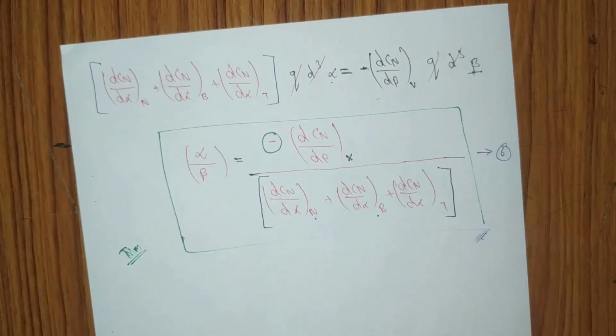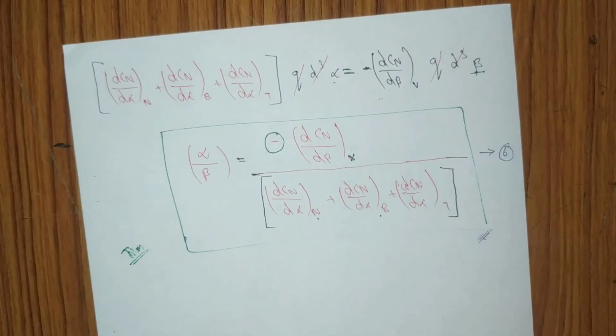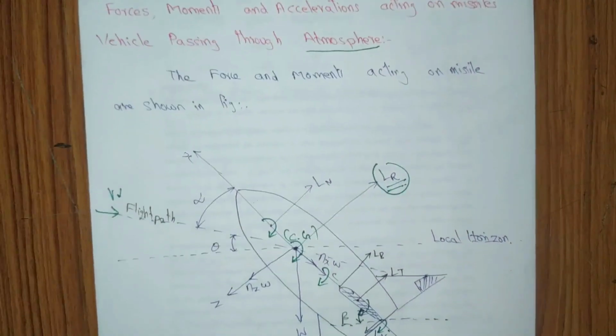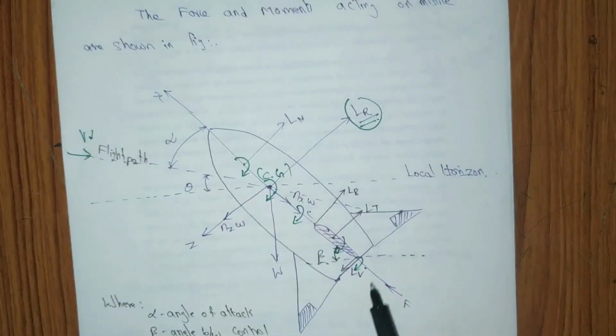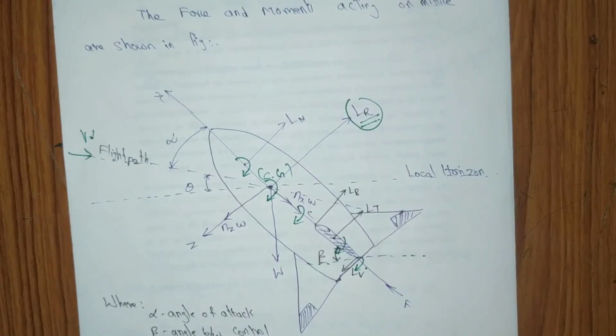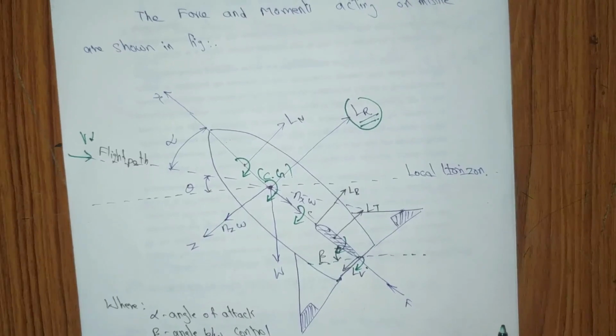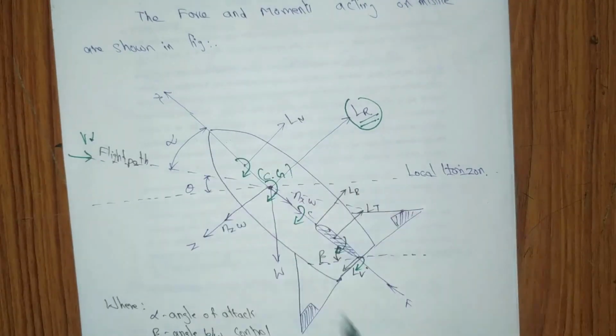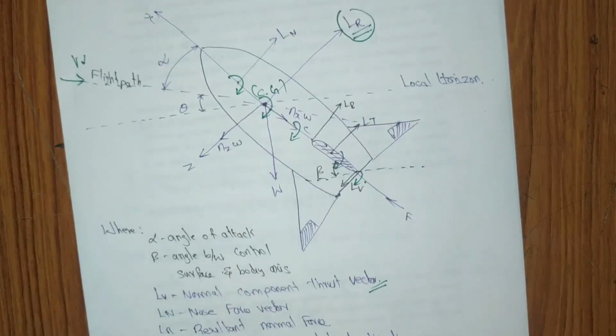So let us recall the entire set of terms for the force, moment and trim condition for a missile flying through the atmosphere. We have drawn this missile body and included all the forces: lift, drag, normal force, angle of attack, theta, and control surfaces. The angle of attack is alpha, and beta is the angle between the control surface and body axis.